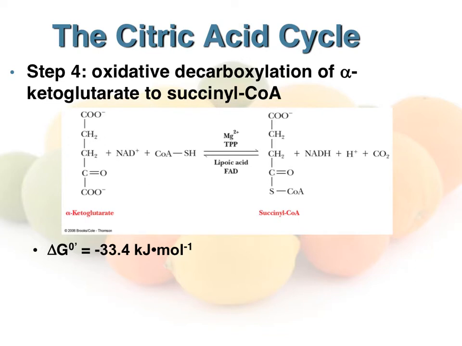Look at what all it requires. It looks like that complex, the pyruvate dehydrogenase complex, and this is very analogous to that. So now put the pieces together, what would you call this one? What enzyme is this?